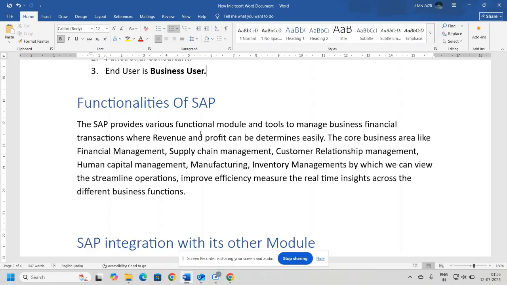Let's understand with an example. In the manufacturing unit, there are a few workers working, and they manufacture the product, the consumed product. Let's take Coca-Cola. It's a cold drink manufactured in the Coca-Cola industry, and human capital management works to manage the people, the workers or the users, as we can say.